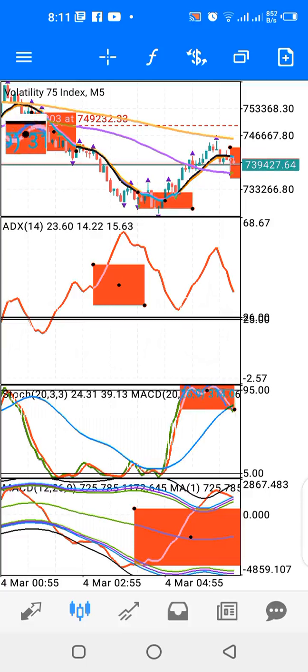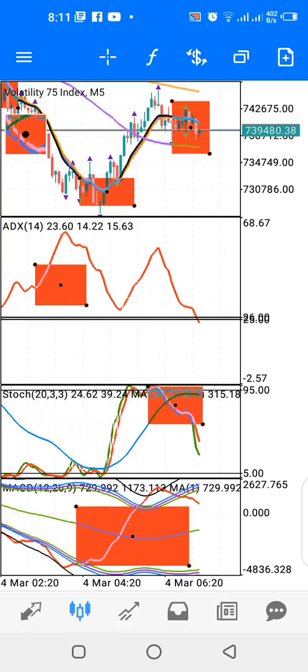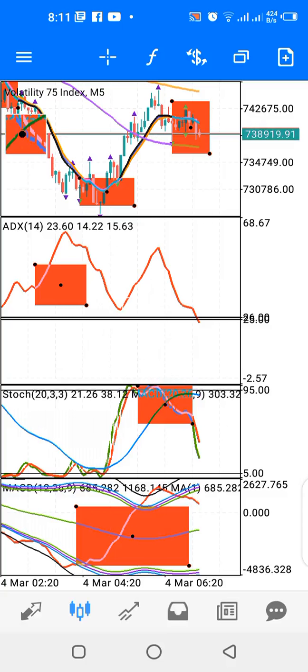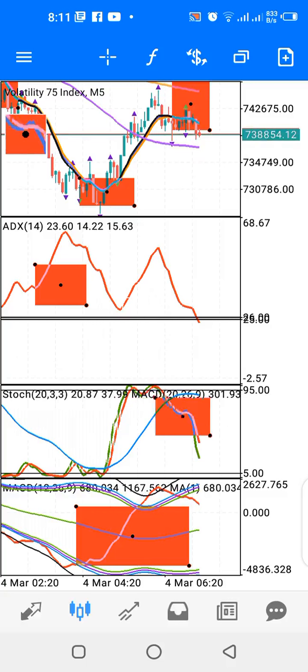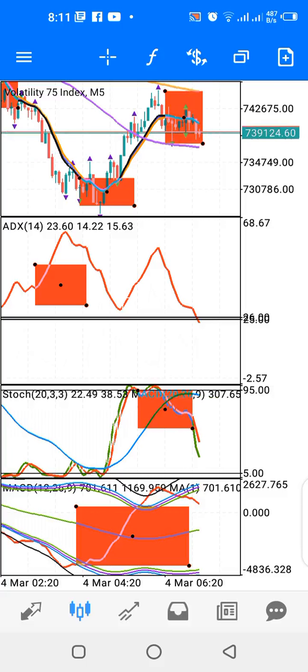When it gets to the 95 level and it drops and crosses the blue line, you can sell. So that means as far as indicator window 2 is concerned, we have a sell signal.